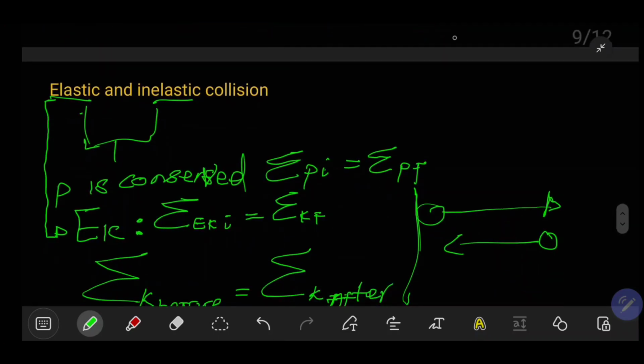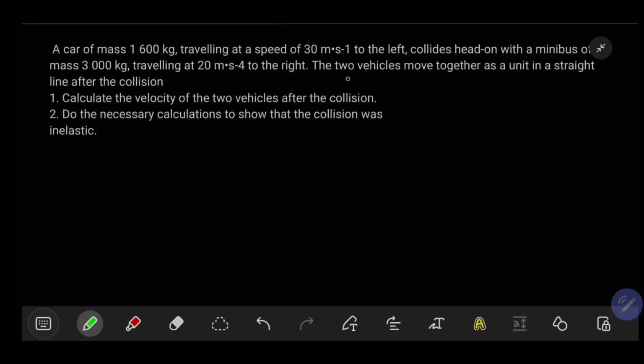All right, so let's look at an example and see how these two terms can be applied. We're given a car of mass 1600 kg traveling at a speed of 30 meters per second to the left.